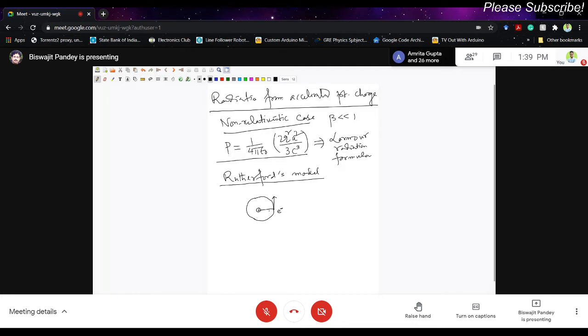Suppose we take a hydrogen atom, a simple one. There is a proton and an electron, with the same amount of charge but opposite. Suppose this is the first orbit, and let us call the radius r.